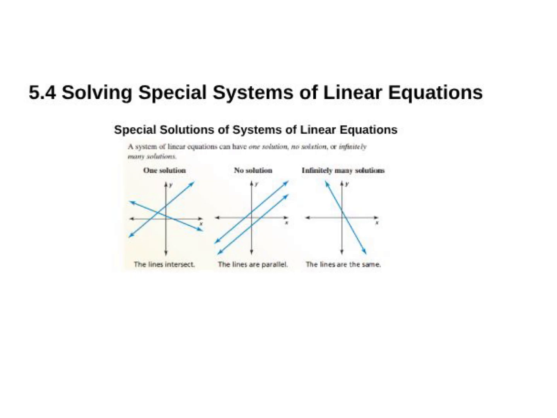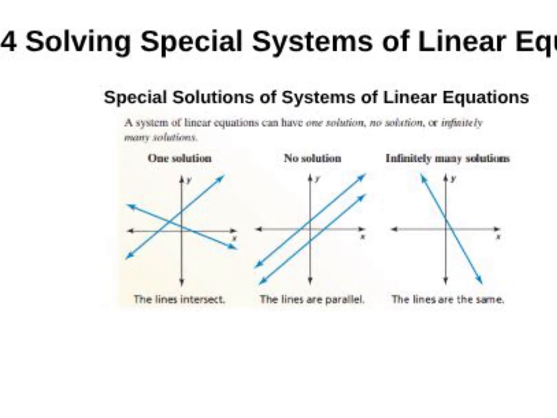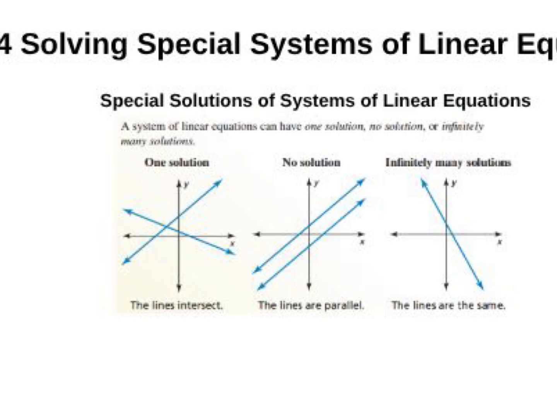Solving special systems of linear equations. There are 3 options for a solution to a system of equations. A system can either have one solution, where the lines intersect, and it doesn't have to be intersecting perpendicular. They can just intersect and cross at one point.